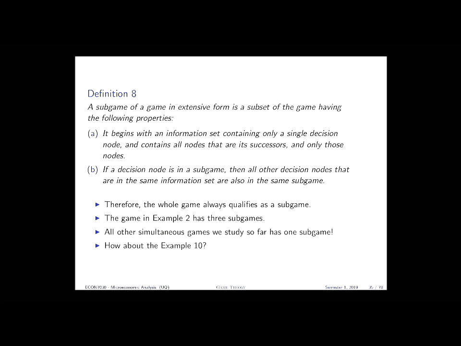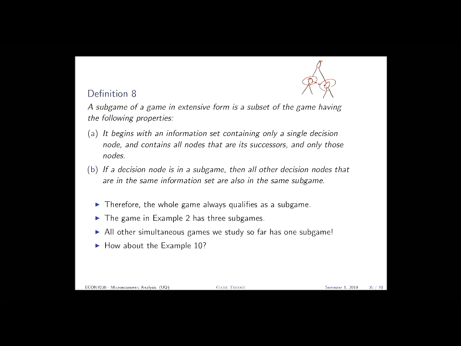So this is the first thing you need to remember. Now second, if a decision node is in a subgame, then all other decision nodes in the same information set have to be in the same subgame. What does that mean? It means that if, for instance, you have a game like this, and you say this decision node is in a subgame, then the other one, which is connected by the dash, has to be in the same subgame.